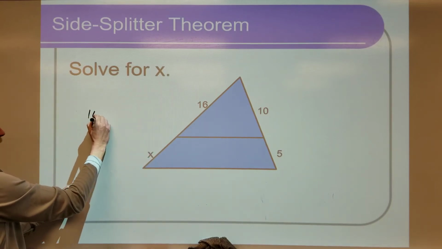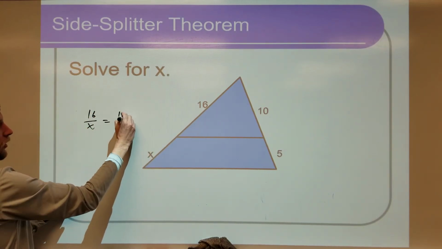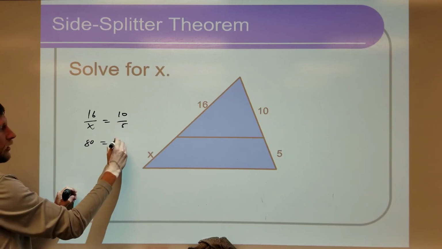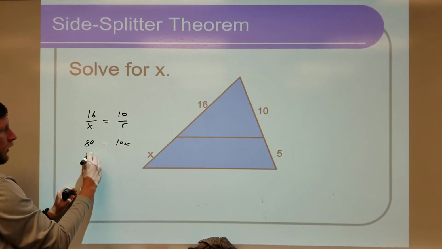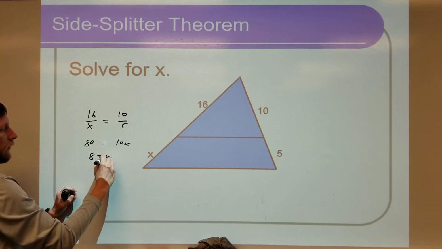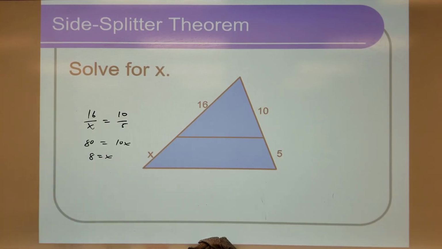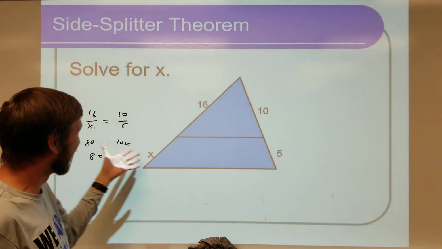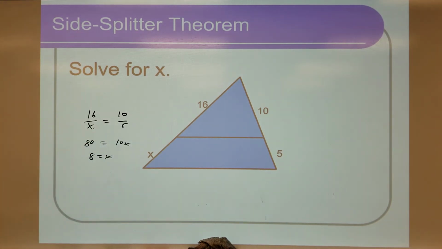So the easy way to do that is to say 16 over x is equal to 10 over 5. We cross multiply to solve, find out that 80 is equal to x times 10, divide both sides by 10, and find out that x is equal to 8. It's a pretty straightforward approach. 16 over x equals 10 over 5, and so that is our proportion, and we can go from there.